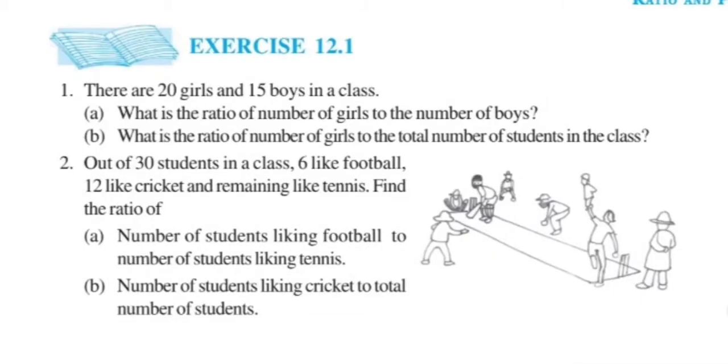Now see question number 2. Out of 30 students in class 6 like football, 12 like cricket and remaining like tennis, find the ratio of A, number of students liking football to number of students liking tennis. Number B, number of students liking cricket to total number of students.